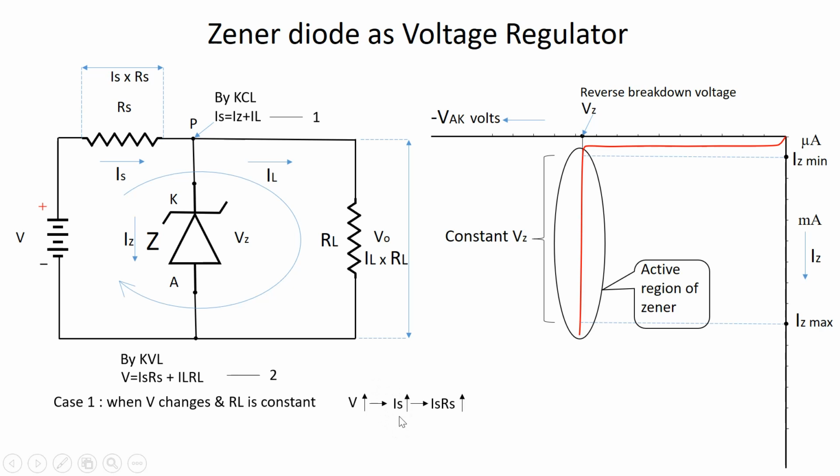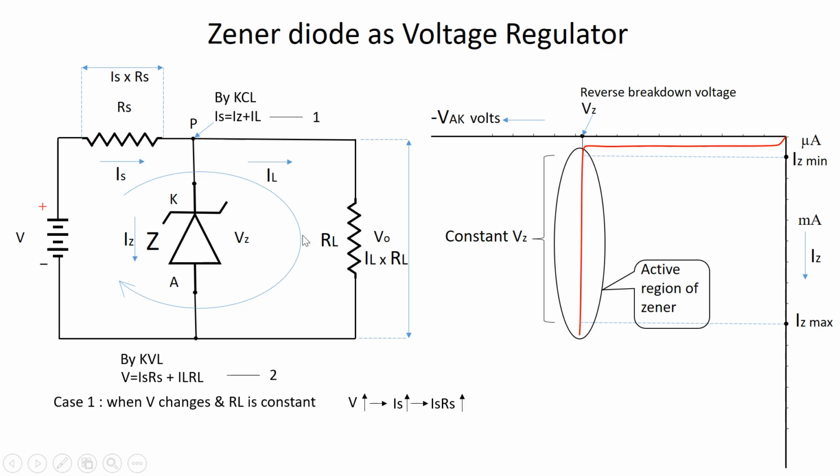With the rise in this supply current IS, according to the equation 1 here, the sum of IZ and IL is disturbed there.